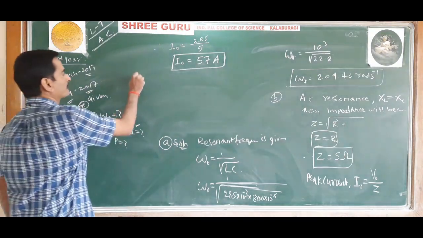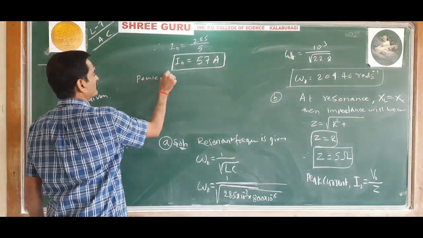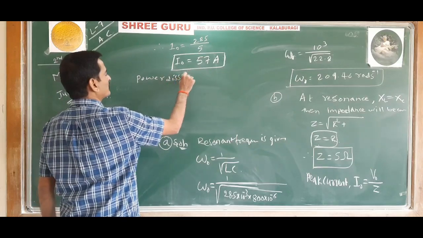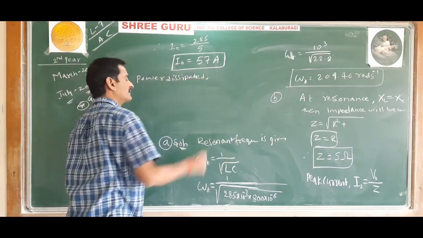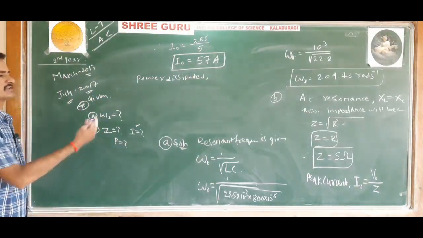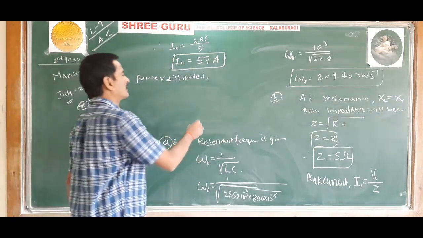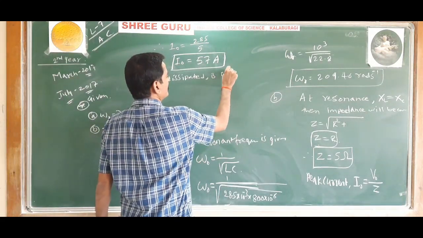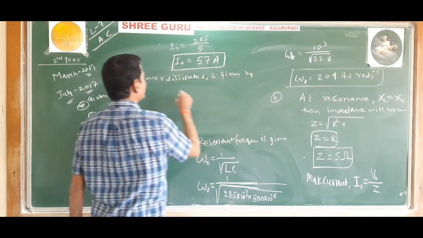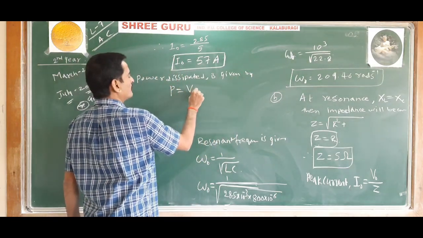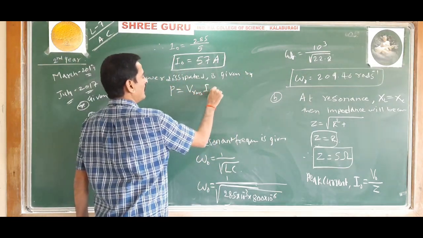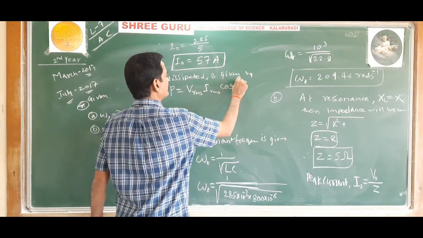Then what else we have to find out? Power dissipated. I have given the formula for this one. It is removed from here, but still it is there in the question paper. Let us solve. Power dissipated is given by P is equal to VRMS into IRMS into cos phi.